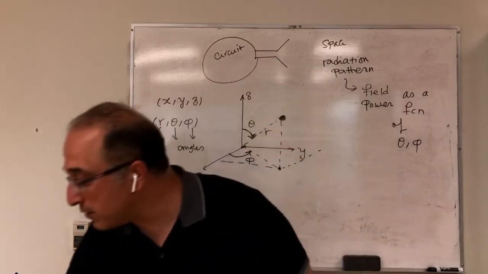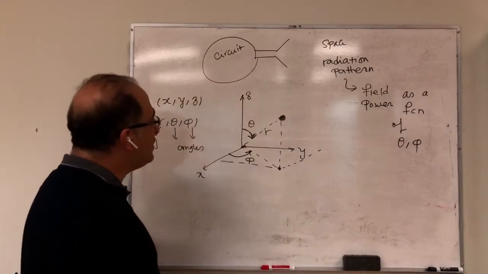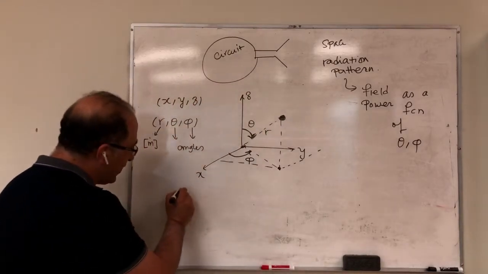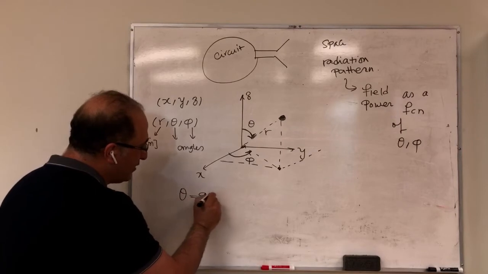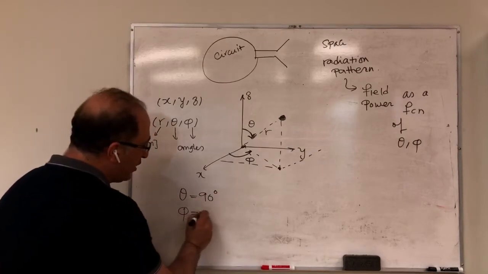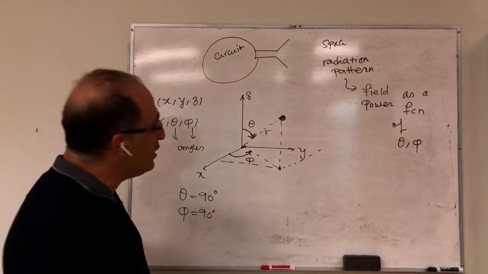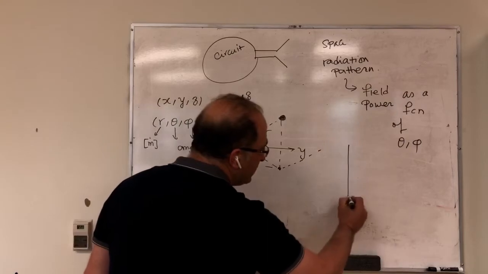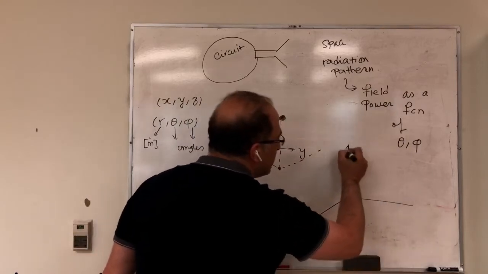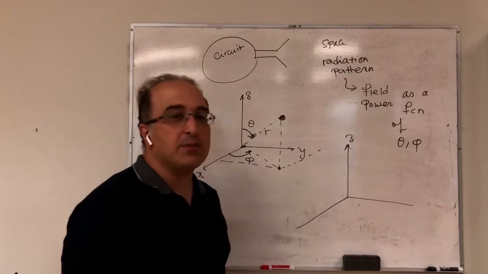For example, let's make an example. Let's say I'm interested to see theta equals 90 degrees and also phi equals 90 degrees. So what does theta equals 90 degrees mean? It means if this is your z-axis, you need to be away from the z-axis by 90 degrees.